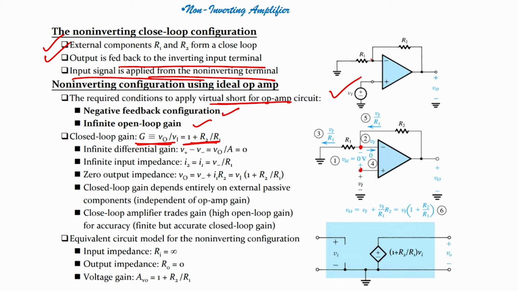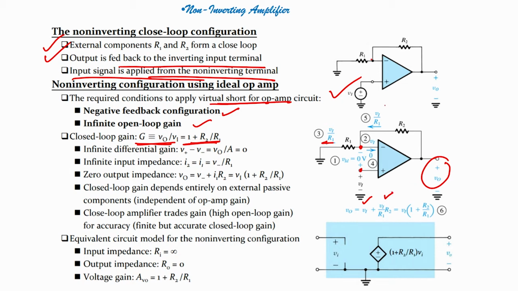Now if I look at that, the current here is nothing but V1 by R1, with VID equal to 0 volts. We can further find that VO is V1 plus V1 by R1 into R2.